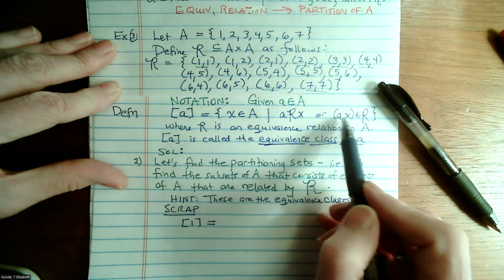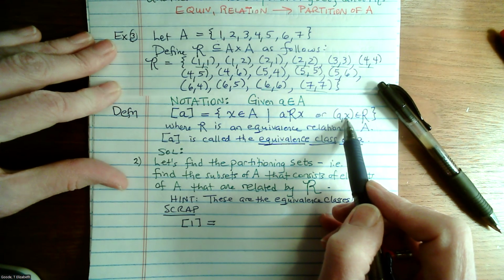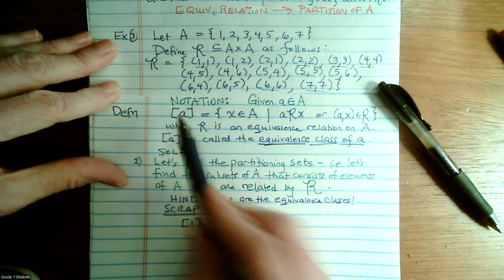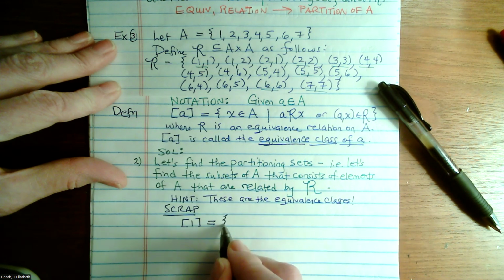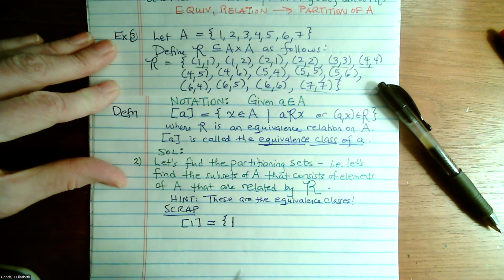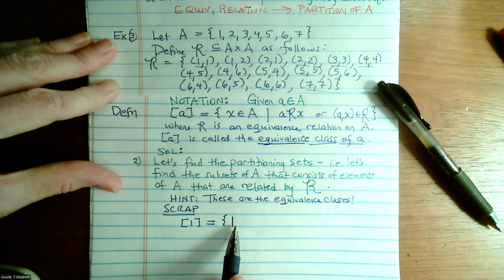So if (a, x) is in R, then (x, a) will be in R. And (a, a) is in R because of reflexivity. It's an equivalence relation. So we know that the first element that 1 is going to be related to is itself. Every element has to live in its own equivalence class because of reflexivity. Does that make sense?